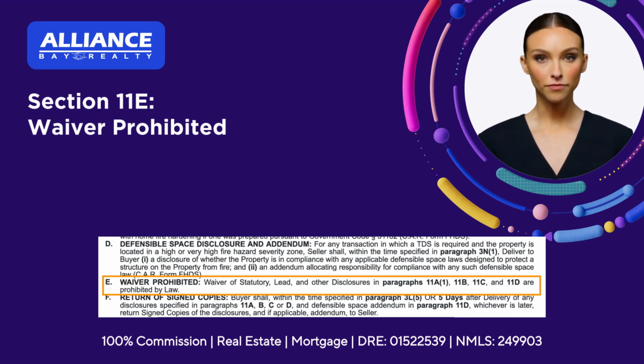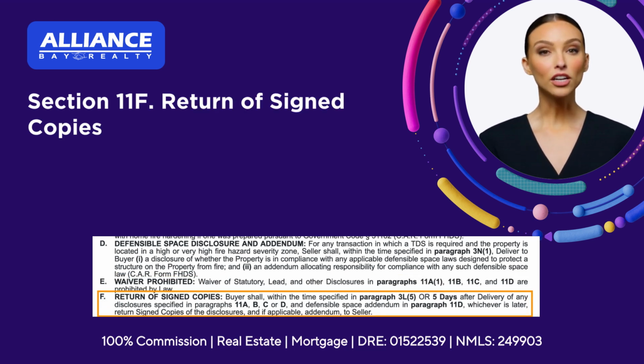Section 11E, Waiver Prohibited. Waivers of statutory, lead, and other disclosures in Section 11A1, 11B, 11C, and 11D are prohibited by law. These are mandated by law and cannot be waived by the parties. Section 11F, Return of signed copies.